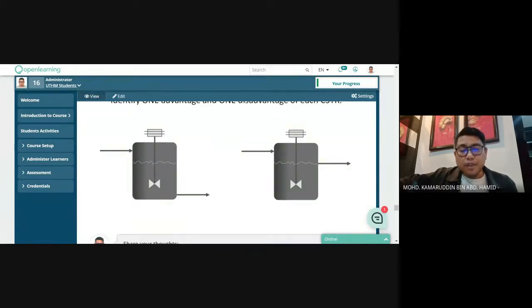It will affect the temperature in the reactor. It may increase or decrease depending on the level, because when you have more conversion, for example, if you are having an exothermic reaction, more conversion means more heat will be released and your outlet temperature will be higher. So in order to maintain it, you need to add more cooling water to maintain the temperature.